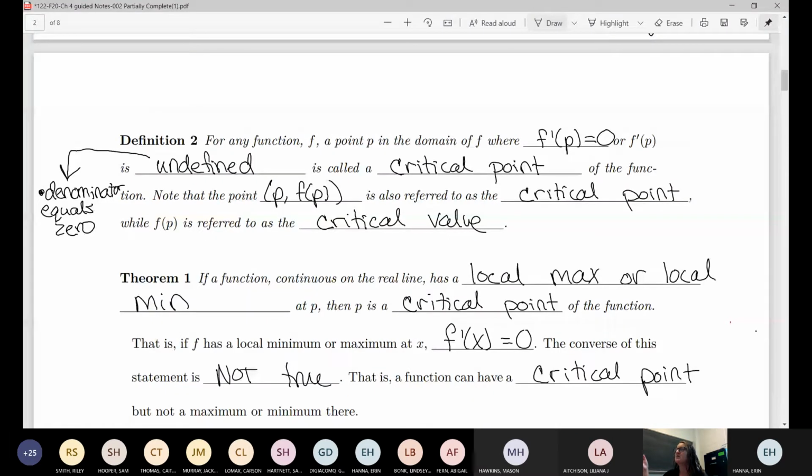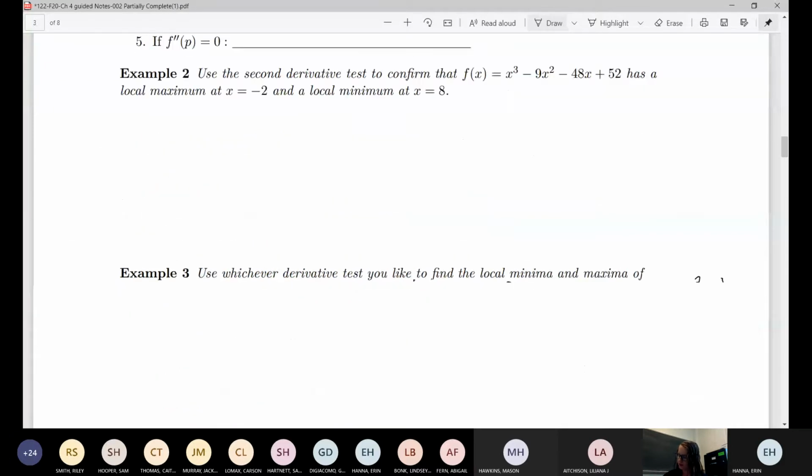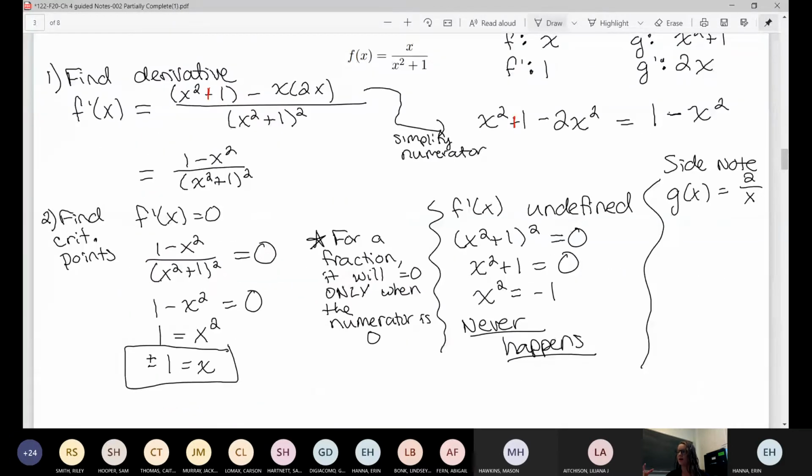There we go. So the other day we defined the critical point, and the critical points can either happen when the derivative is 0 or undefined. And if having a 0 in the denominator makes a function undefined, that's what we need to consider. So since the derivative that we have in this question does have a denominator in it, we need to check to see where it's undefined.